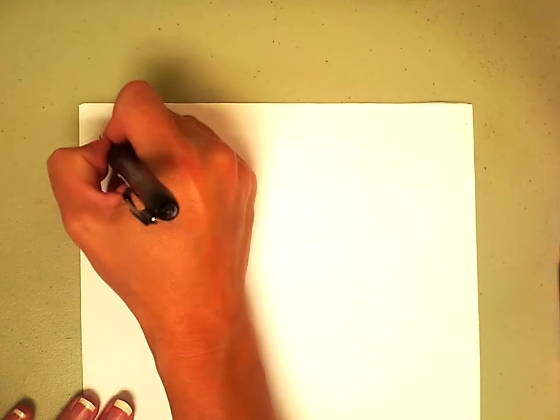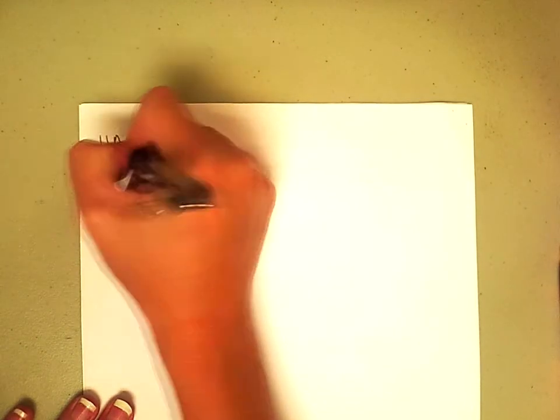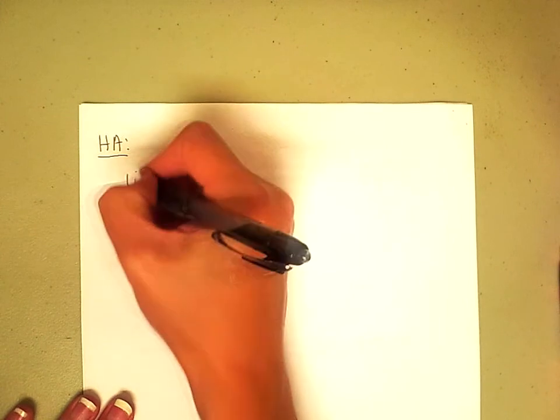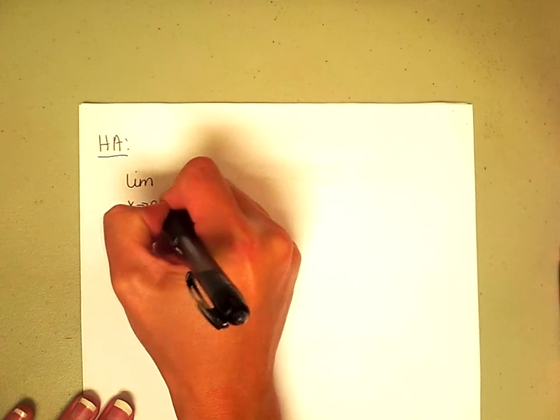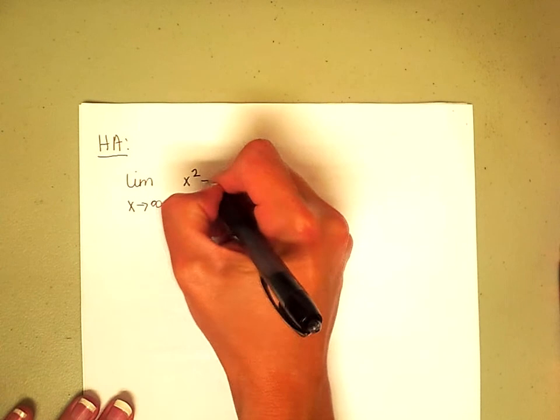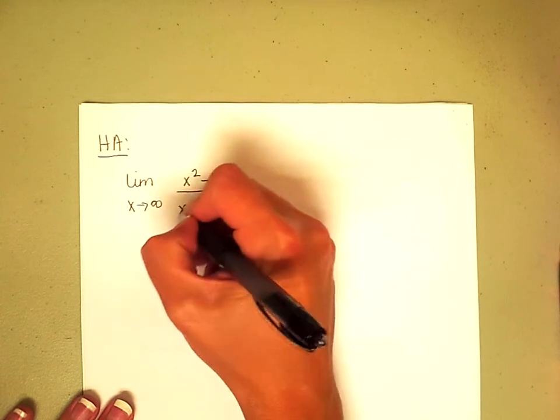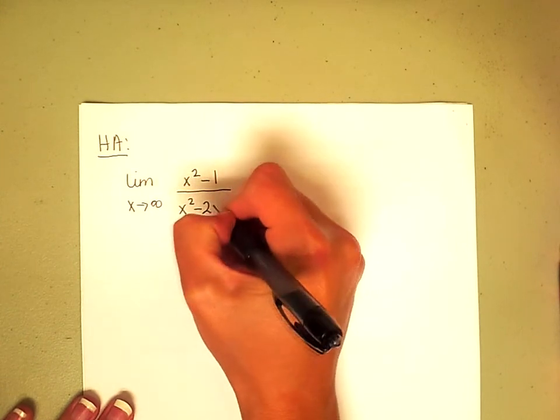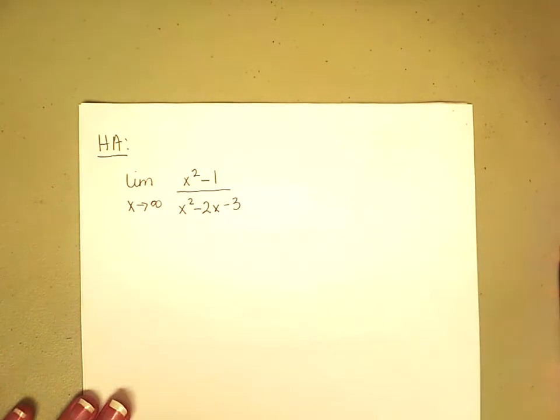Now we need to find the horizontal asymptotes, or the end behavior. So we're asking, what's the limit as x goes to infinity of x squared minus 1 over x squared minus 2x minus 3?